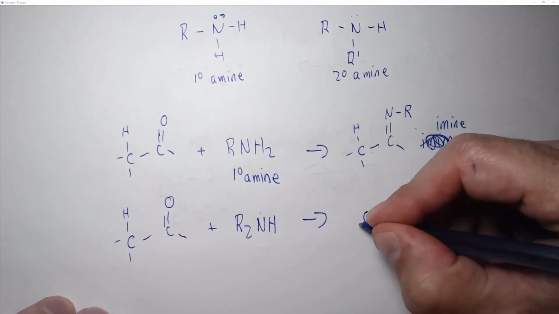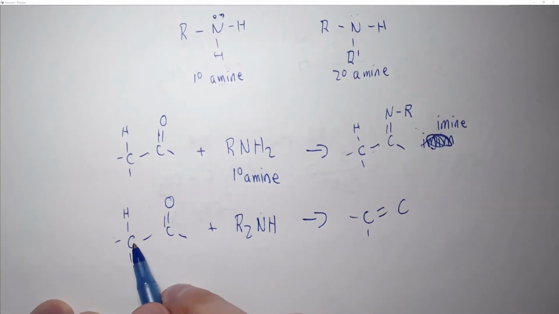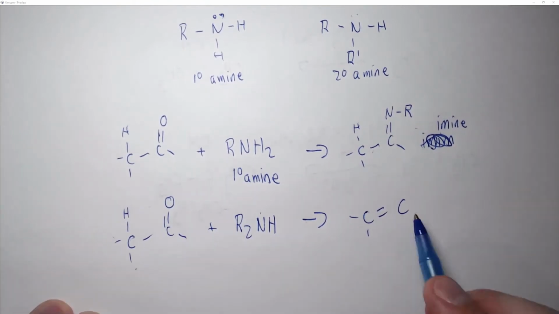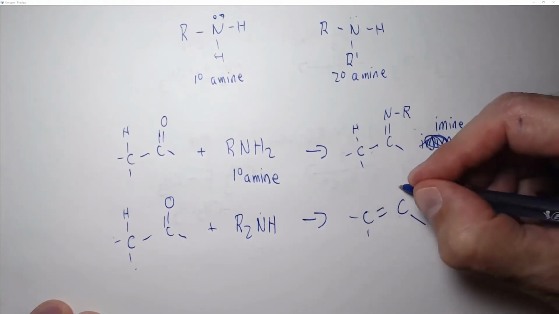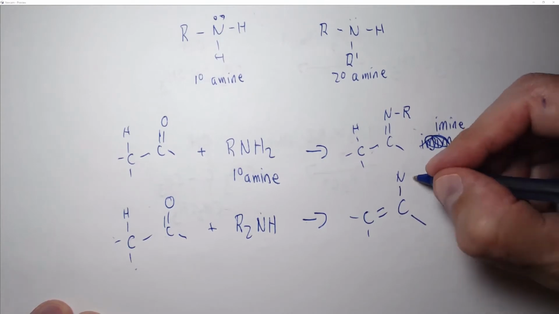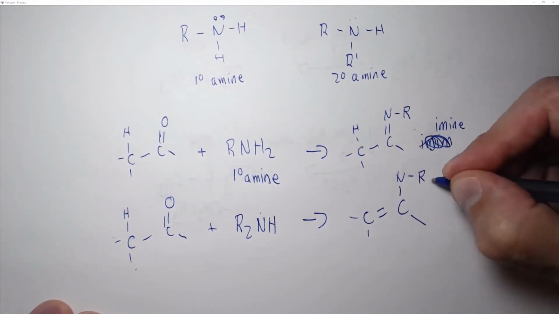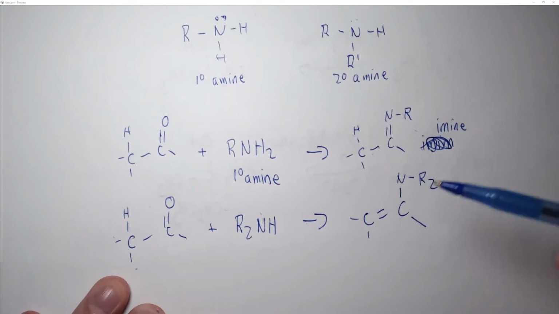And we get C bonded to two things, double bonded to C. This is this C. This is this C. This is bonded to one thing, and the other thing that it's bonded to is N R2, like that. So essentially, we have added the amine, but we've also created the double bond.